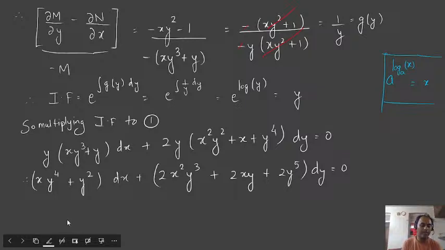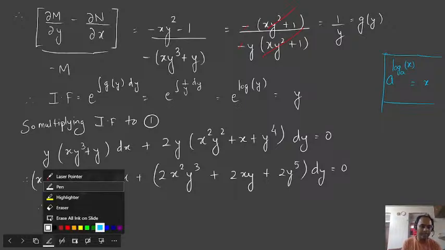Now we compare, these are again of the form M dx, but now we have already used M as an alphabet, so we will compare it with M1.